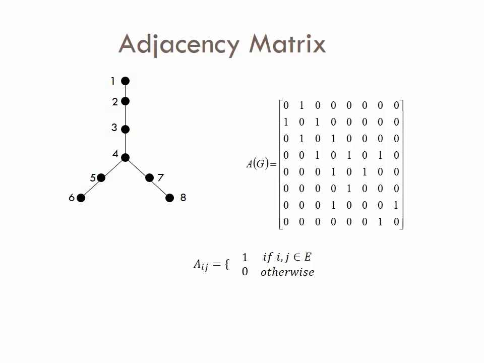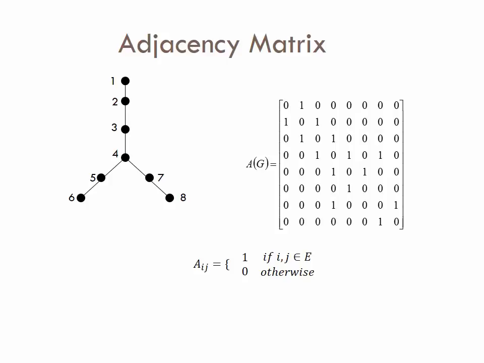The adjacency matrix for a network is a square matrix, meaning the number of rows is equal to the number of columns. In the adjacency matrix, each row represents one of the nodes. Each column represents one of the nodes. So, for example, in this case, we have 8 rows and 8 columns.